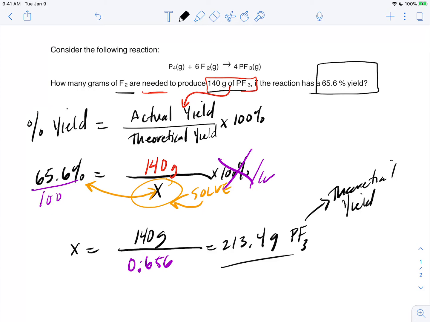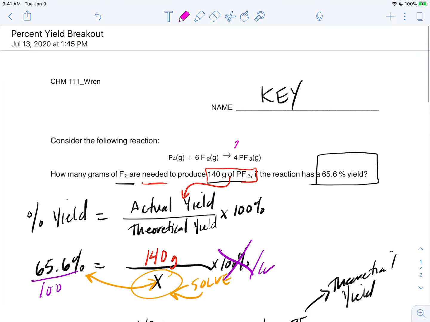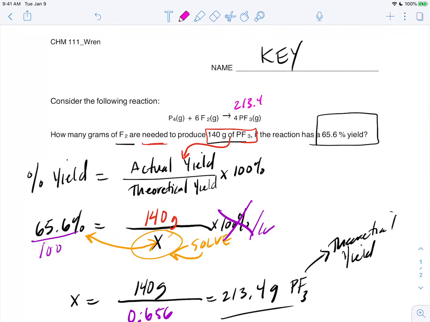So now we have what the theoretical yield is, but the question is, how many grams of F2 is needed? So we need to figure out how many grams of F2 we need to theoretically make PF3. So I now know I have 213.4 grams of PF3.